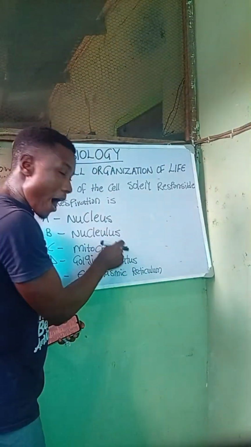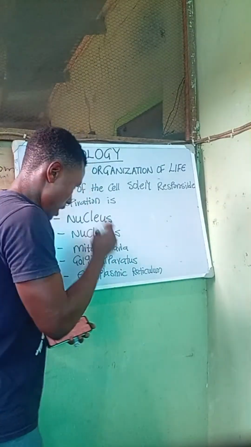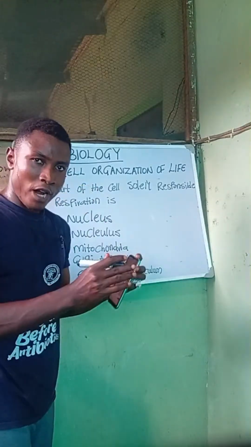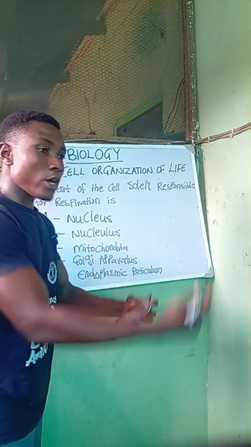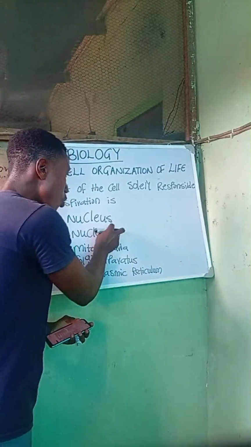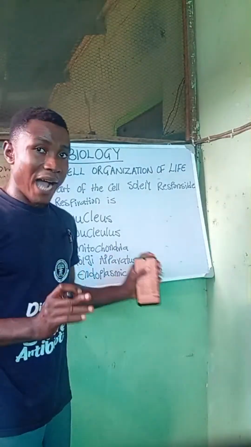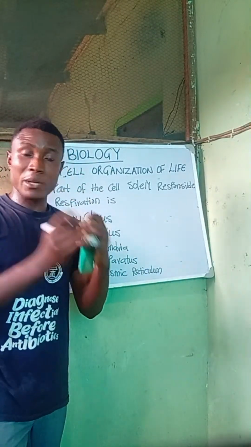I will tell you why this one is wrong, and why all the other options are wrong, and why the other one is correct. As I give you the correct answer, I'm also letting you know what each option stands for. And I already prepared my answers for these questions.